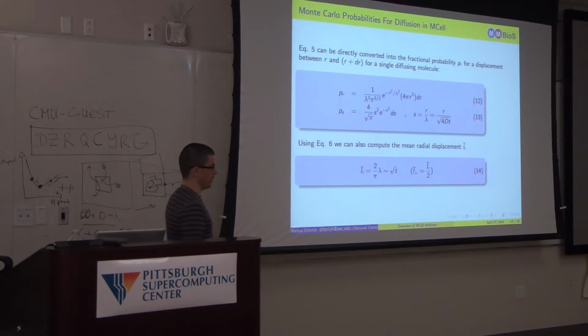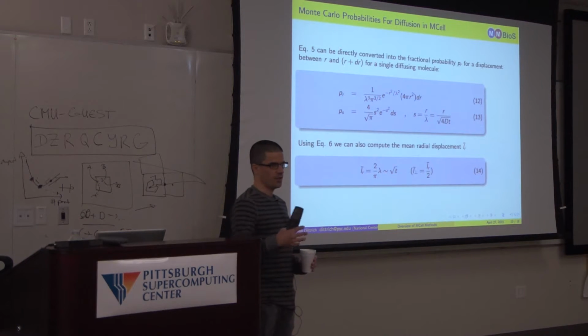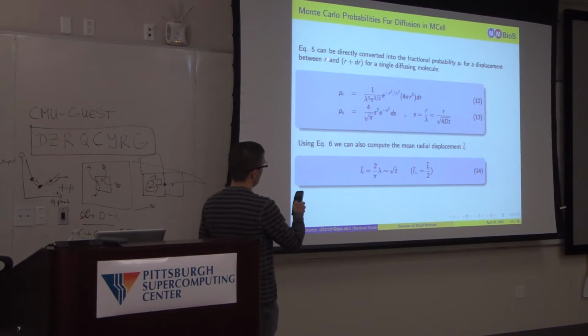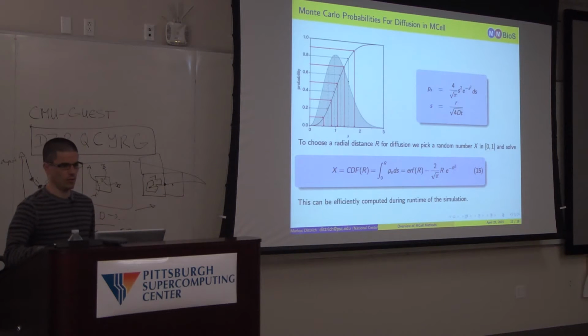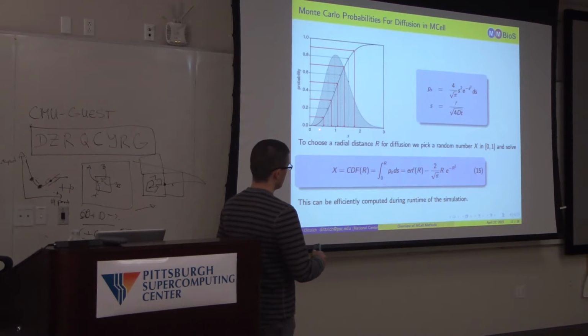So basically, we have a particle that sits here at time t0, and then we can use this probability to decide the probability that it'll be at a distance between r and r plus dr at the next time step. From a computational point of view, you can do this quite simply.